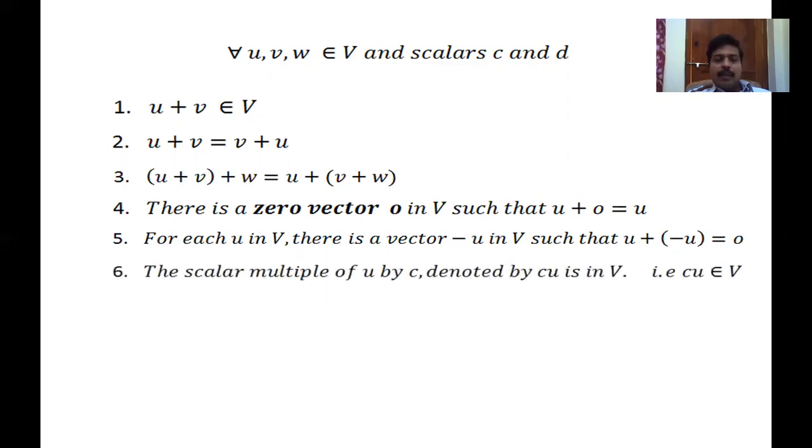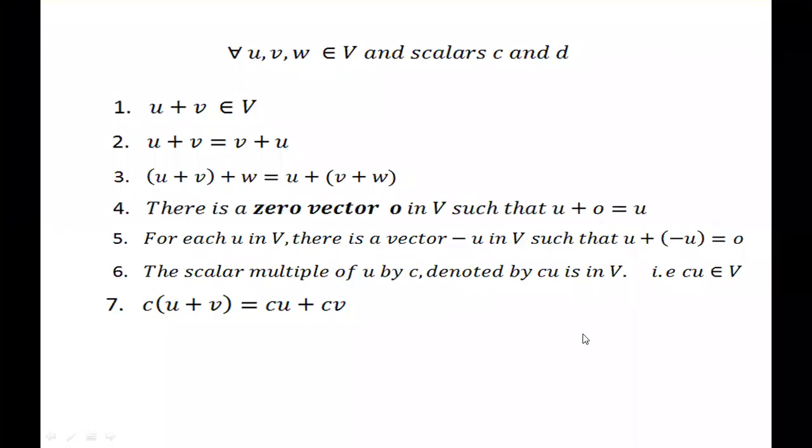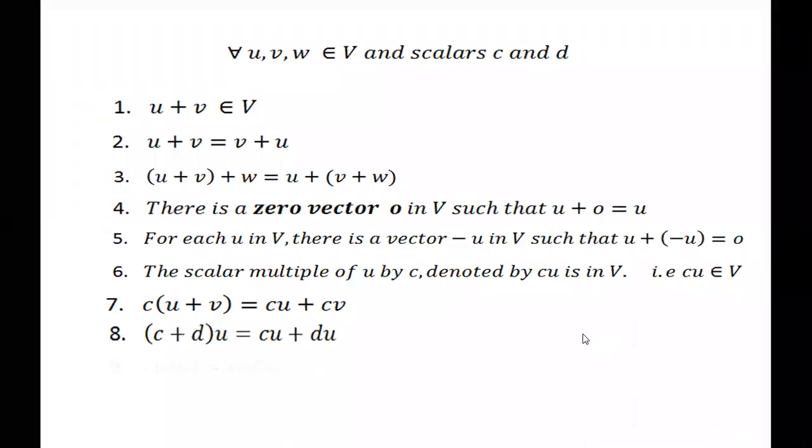And now the scalar multiple of u by c, denoted by cu, is in V. That is, cu belongs to V. This is the closure property with respect to scalar multiplication. And c times u plus v is equal to cu plus cv, vector distribution. And c plus d times u is equal to cu plus du.